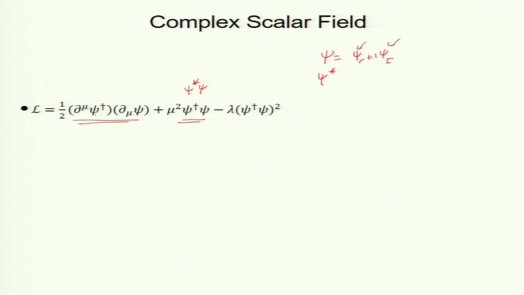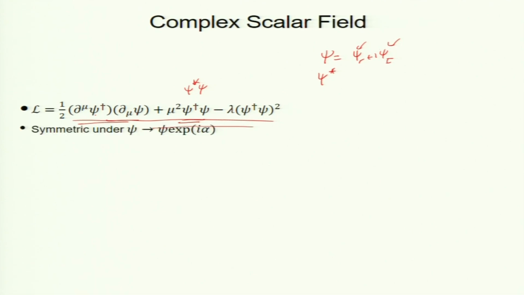When we derive the equation of motion, we can take the derivative with respect to psi star and get the equation for psi. So, either you can treat psi real and psi imaginary as independent variables, which is more complicated, or treat psi and psi star as independent variables.